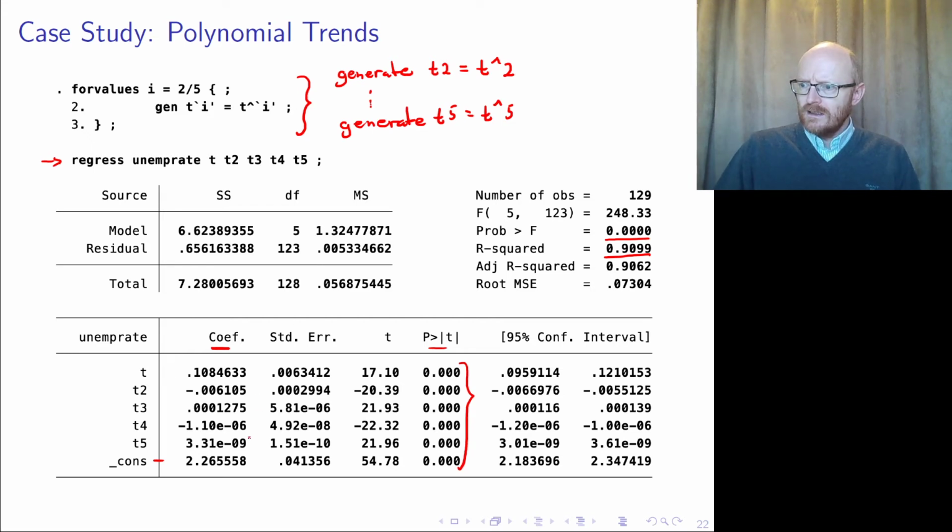But you see here that this is negative 1.1 times 10 to the power of negative 6, which is equal to 0.000001 once we move the point 6 digits.